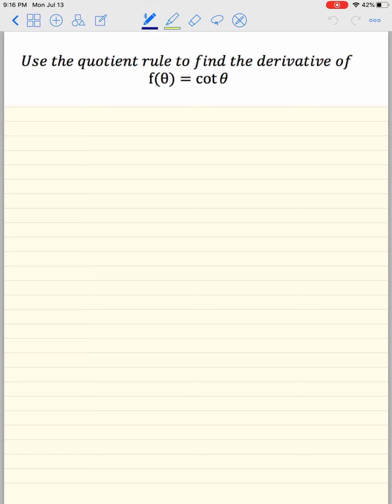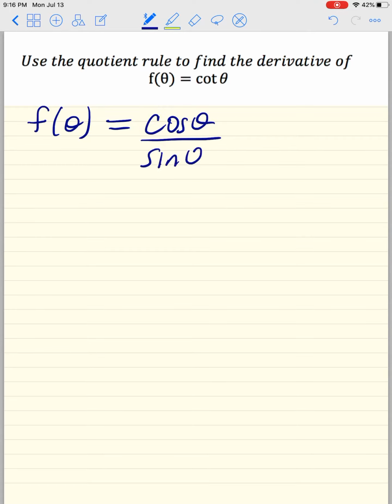And the derivative of cotangent theta, well, I'm going to have to first write it as a quotient. So that's going to be cosine theta over sine theta. I'm going to do the quotient rule. And that's why I put this prime here to show the reader or the person who's looking at your paper that you're about to take the derivative. In this, all I did was rewrite it.